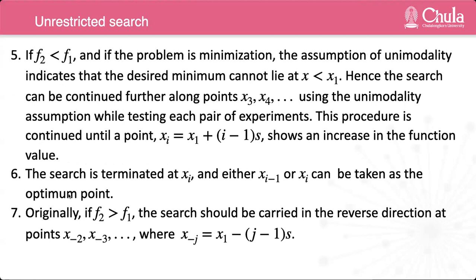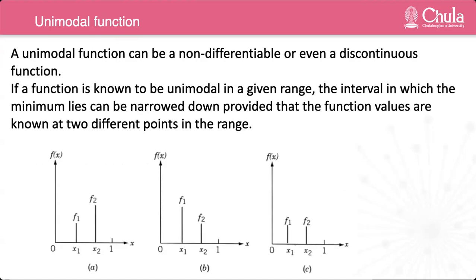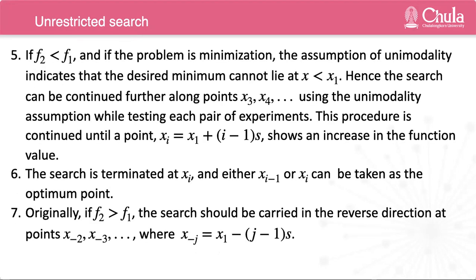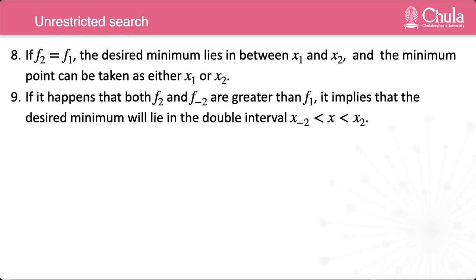If f2 is less than f1, we follow this idea. You start from x1, you have a certain fixed step size, and then you obtain x2 and then test it. You can read that in the slide.